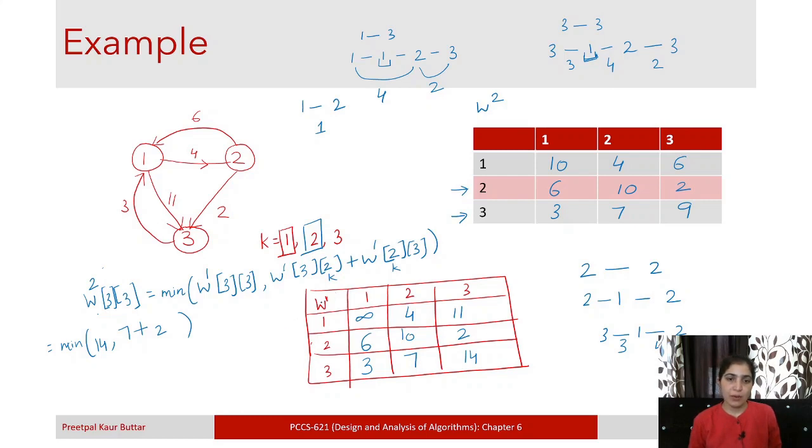Now we can move to the last iteration of k loop, where value of k is 3. So it means now we are considering all the vertices. In W2 we consider the vertices. Let me write the complete story here. In W0 we did not consider any intermediate vertex. In W1 we considered vertex 1. In W2 we considered vertex 2.